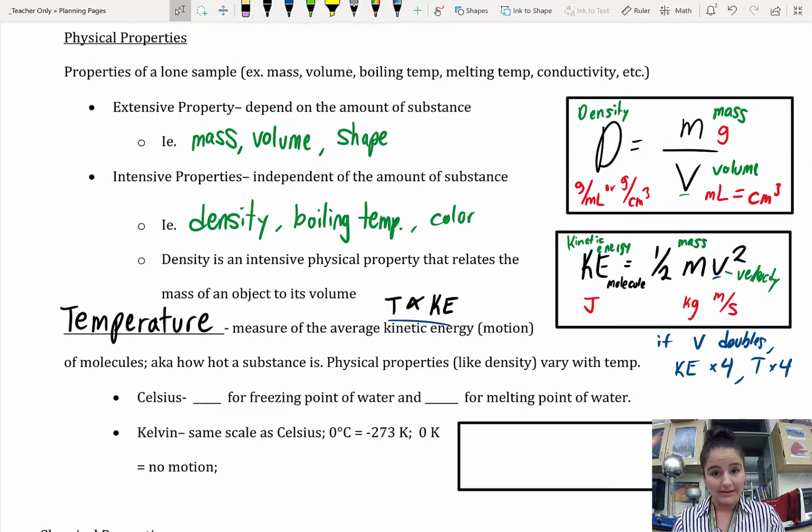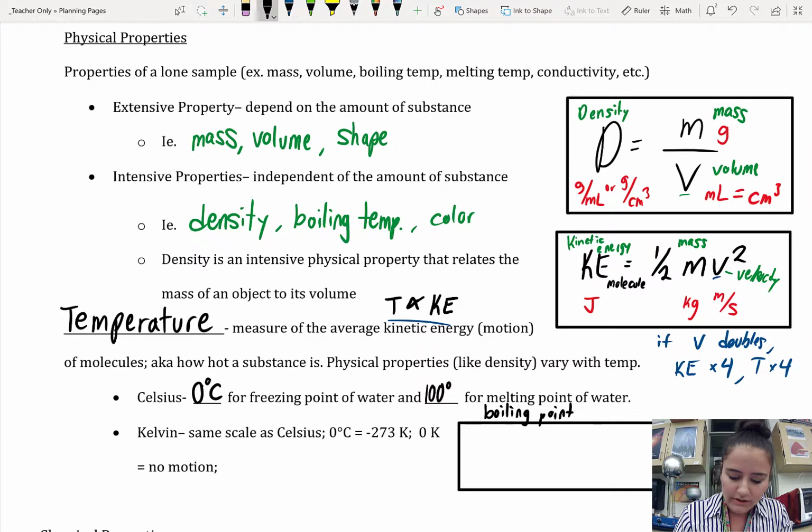So in Celsius, which is what we're going to use, we're not going to use Fahrenheit, 0 degrees Celsius is the freezing point of water, and the melting point, which is also the boiling point, okay, basically the temperature that it can go from a liquid to a gas or from a gas to a liquid, is 100 degrees Celsius.